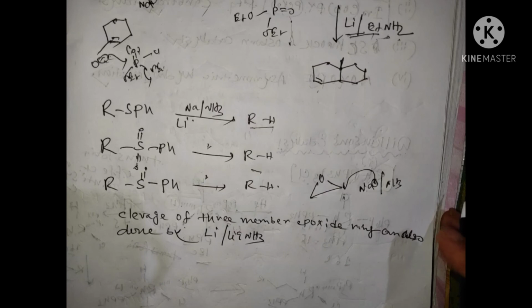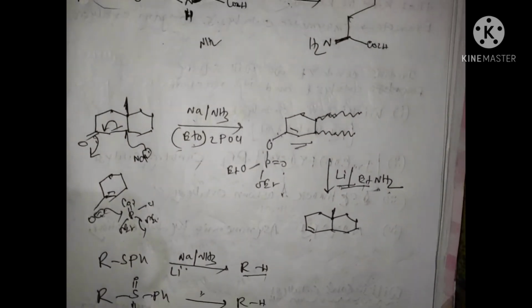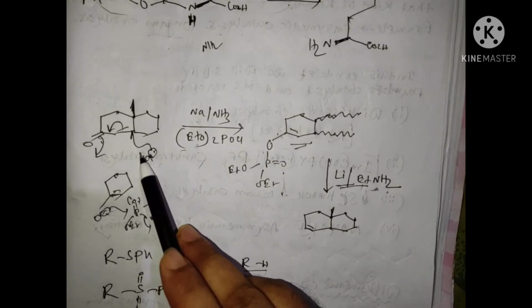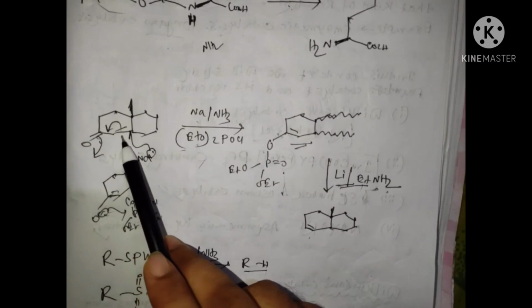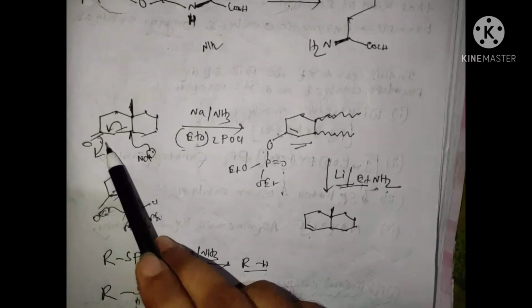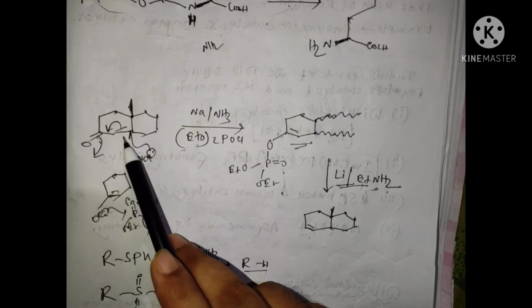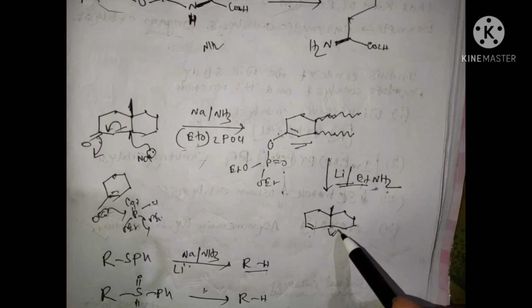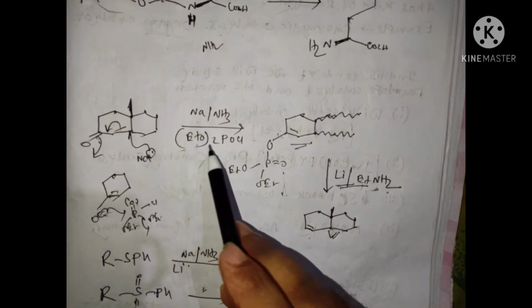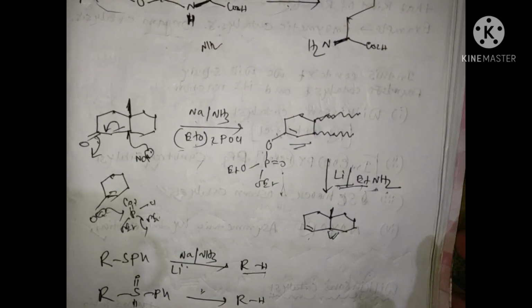So these are the examples, and reductive cleavage things are very important. The 1,4 conjugated alpha beta unsaturated carbonyl can be converted to this by sodium liquid ammonia, which is a good example of reductive cleavage.